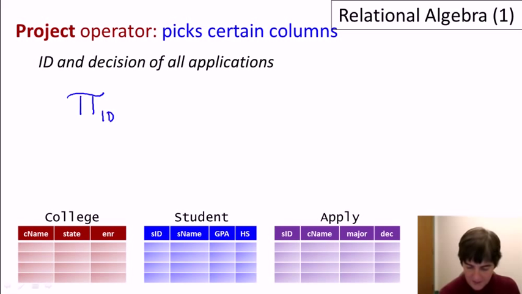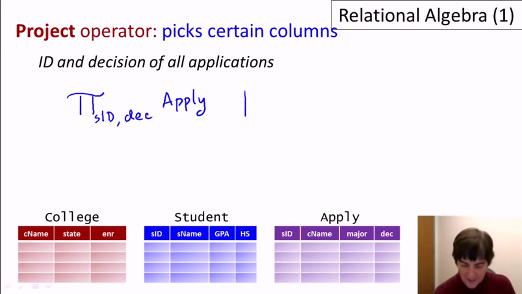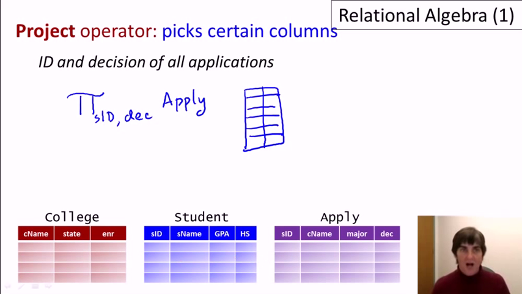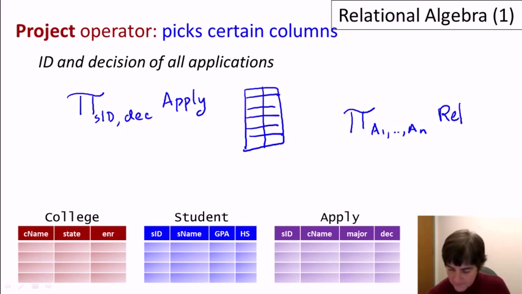So we write student ID and decision, and we apply that to the apply relation again. And now what we'll get back is a relation that has just two columns. It's going to have all the tuples of apply, but it's only going to have the student ID and the decision columns. So the general case of a project operator is the projection, and then a list of attributes, can be any number, and then a relation name.